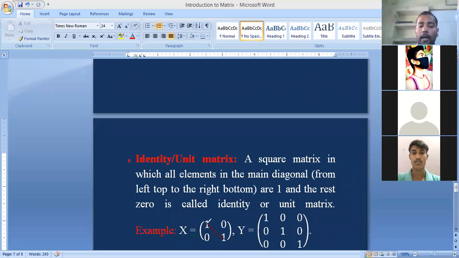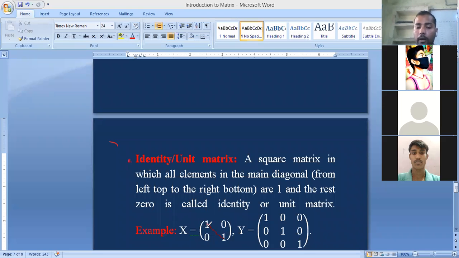It is a square because it has the same number of rows and columns, and being a square, its top number is 1 and the lower number of the second column is also 1.